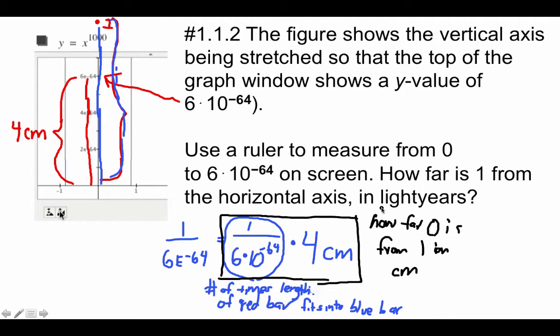From then on, you can go ahead and convert to light years, but the important thing is to be able to say, oh, I can chop this up. How many of this length fits into this length? That's found by dividing the length I'm trying to measure by the length I'm measuring with. Okay, I'm going to erase this and show one more example.